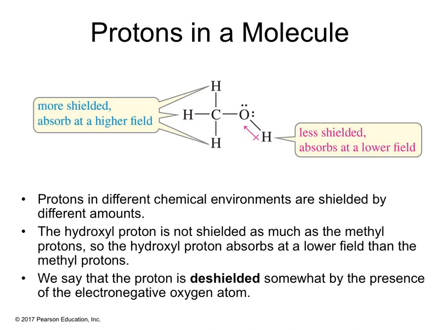So here they're showing you that these are more shielded, so they're at higher field, and then this OH, because of its dipole moment, is less shielded because you're pulling those electrons away. So if you pull the electrons away, and this little hydrogen here doesn't have electrons, no electrons really, they've been pulled away, they can't be shielded. Okay, so it's going to be a lower field.